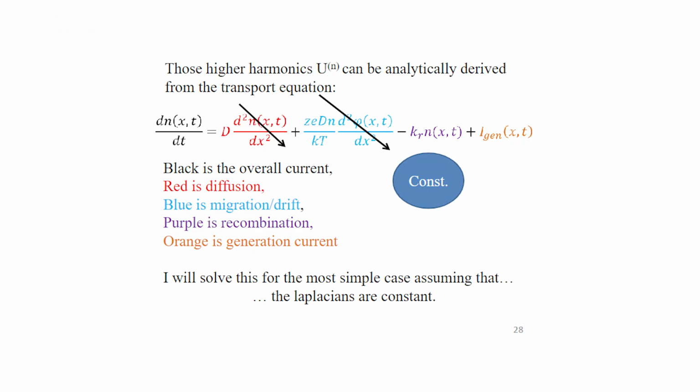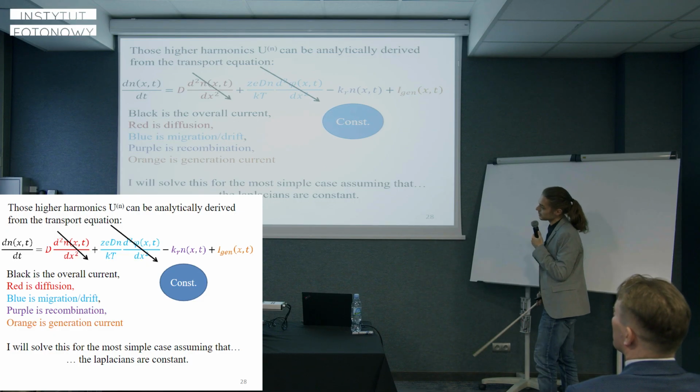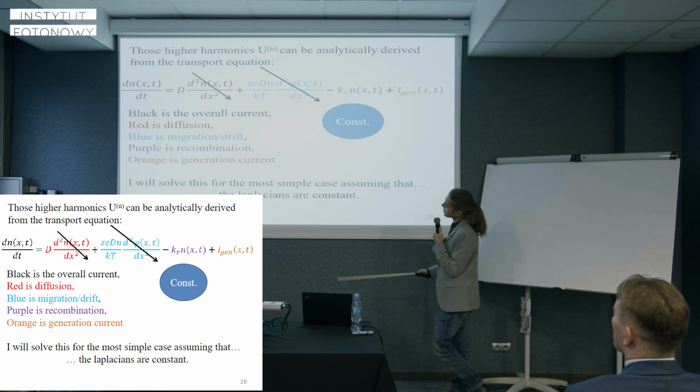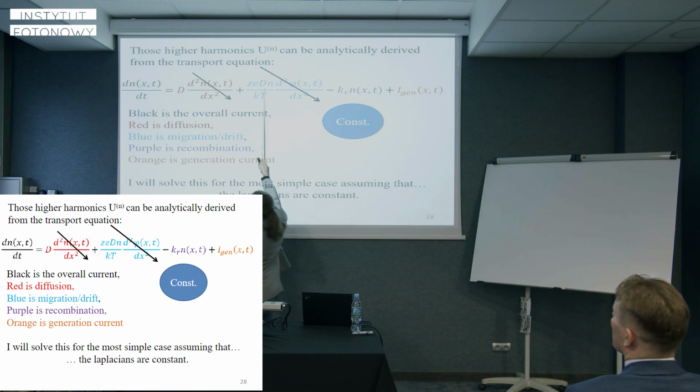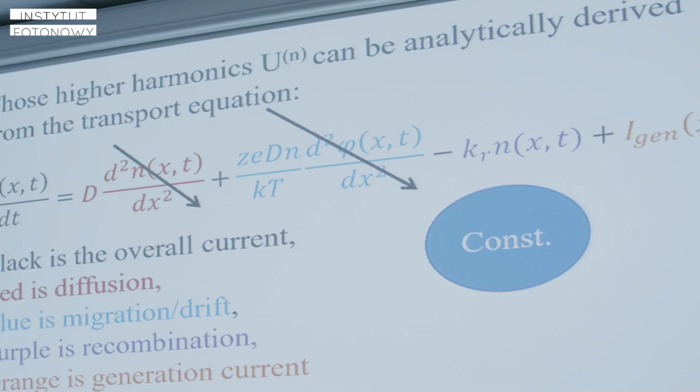Okay, so in the simplistic case, this equation could be solved without the assumption I will describe, but for the simplicity of mathematics, I decided to do this simplification. The simplification is that those two Laplacians are constants. Are those approximations reasonable?